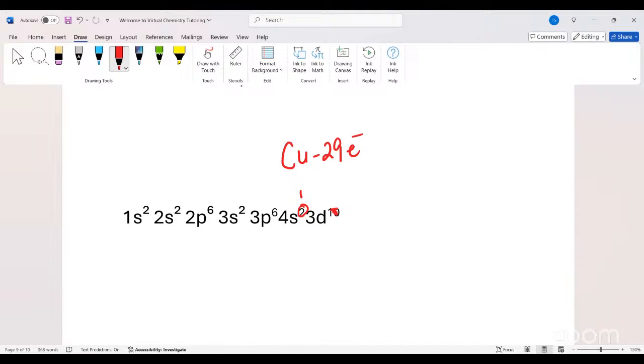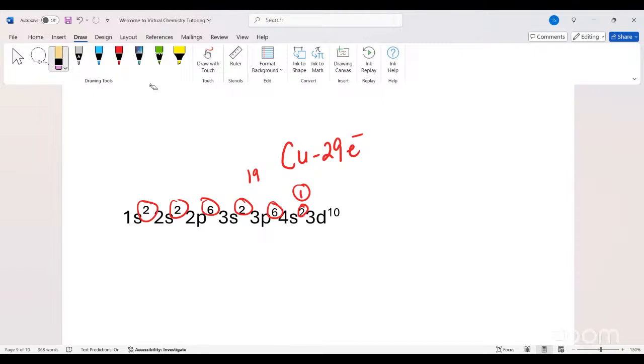So if we add up 2 plus 2 plus 6 plus 2 plus 6, we get 18. Plus this 1, that gives us 19. So right here, how many more do we need for the 3Ds? We need those 10 right there.